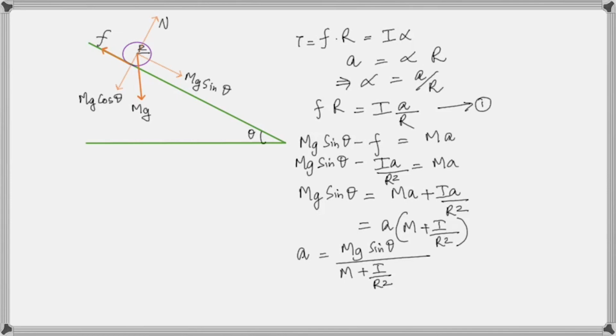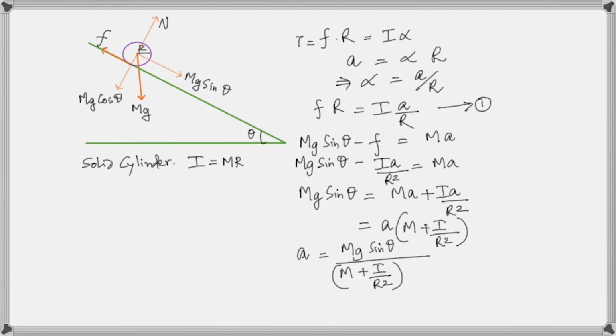So on the test, if it is a solid sphere, then we know that the rotational inertia of the solid sphere is 2 by 5 mr squared. But I think I'm doing it for a cylinder.